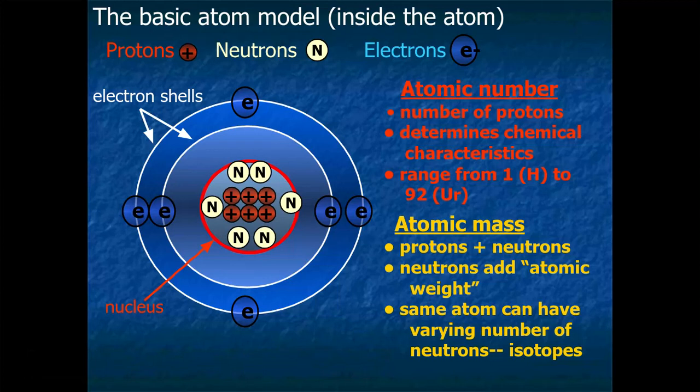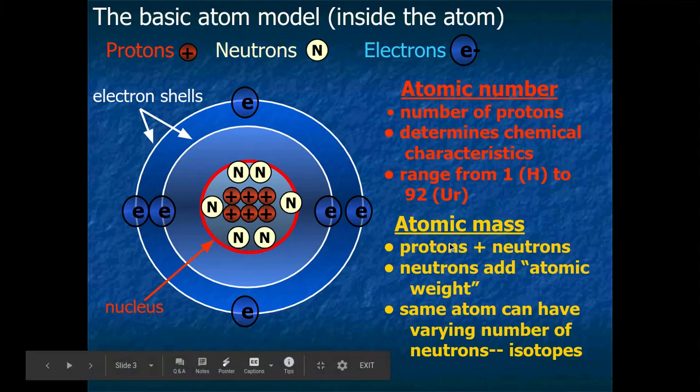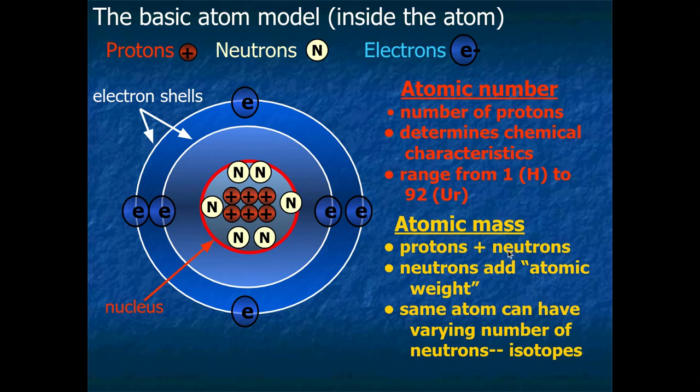Later on, when we get into geologic dating, we'll talk about the role that neutrons have in determining how one atom will decay and lose neutrons and make another atom. But for right now, we're just going to worry about this term called atomic mass, in which we have protons plus neutrons. So again, let's do a quick, brief review of these two terms because they're very important.